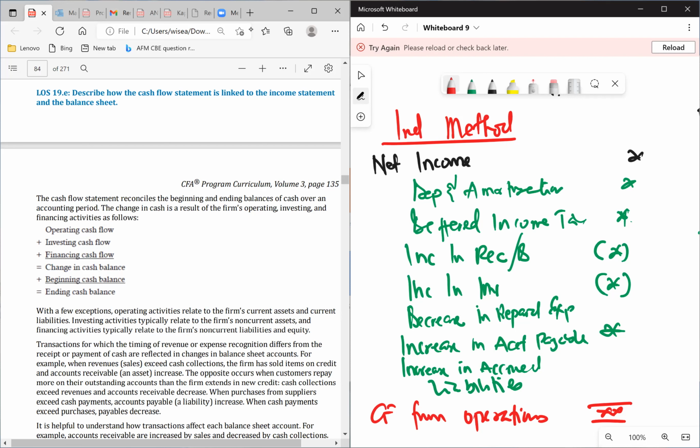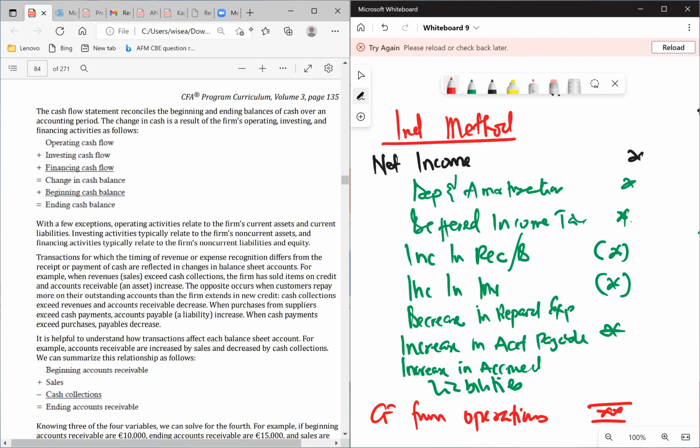That's the cash flow from operating activities, and the dividend paid will be cash flow from financing activities, right? Yeah. Dividend paid will be cash flow from financing activities. Okay. But dividend received will be operating cash flow. Fantastic. But how about for IFRS?